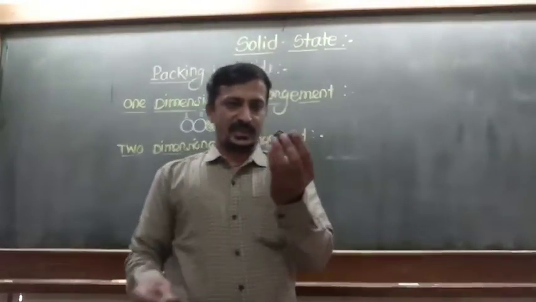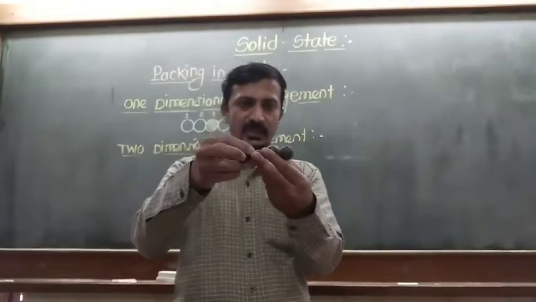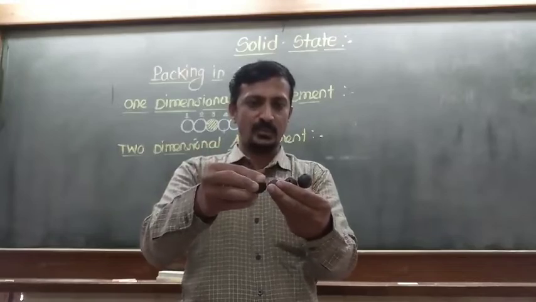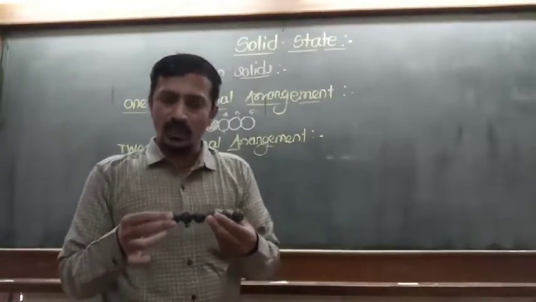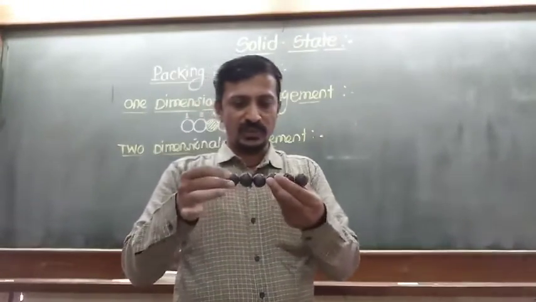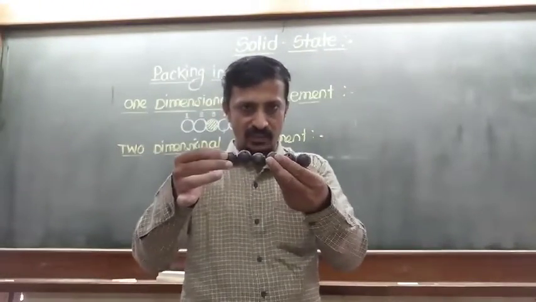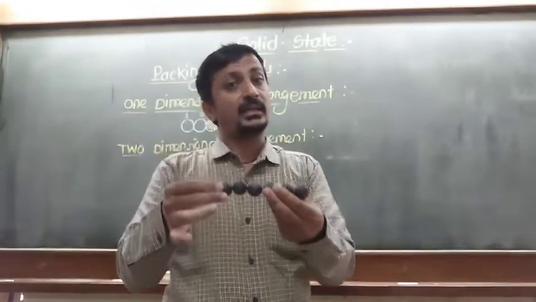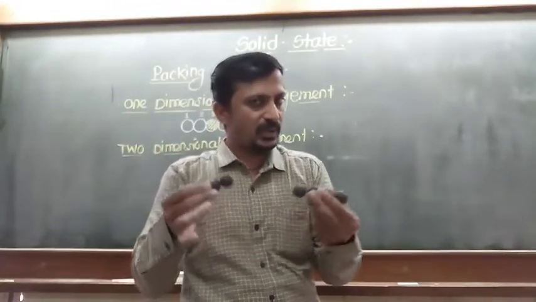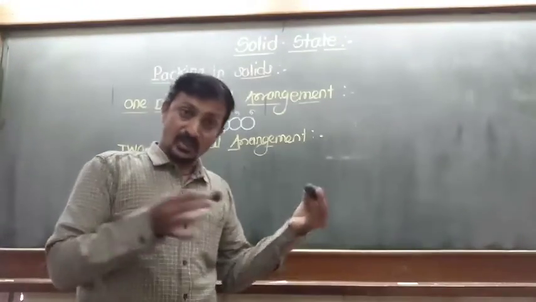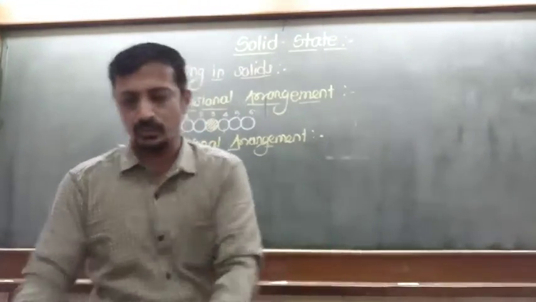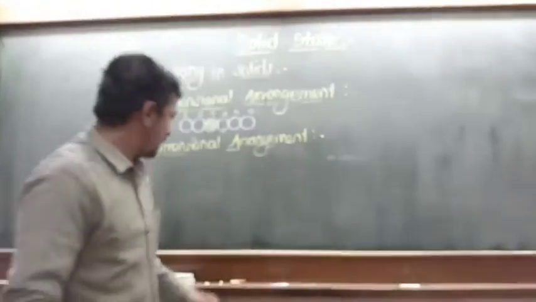Suppose these are the spheres, and if you place these spheres in contact with each other like this, it is one-dimensional arrangement. If we leave out the terminal ones, all the middle atoms come in direct contact with 2 atoms. That's why the coordination number of all the constituent particles except terminal ones in one-dimensional arrangement is 2.